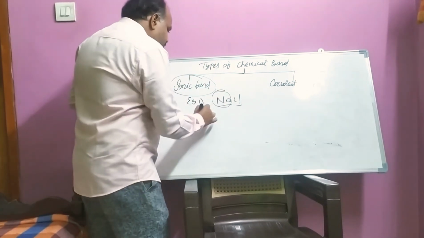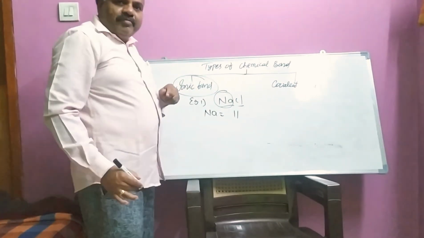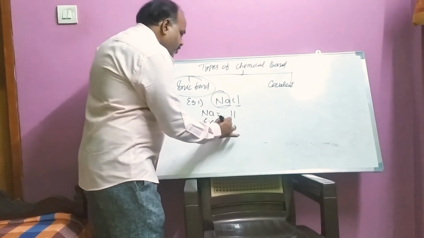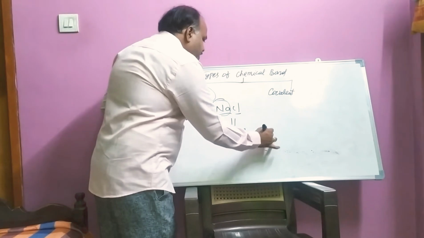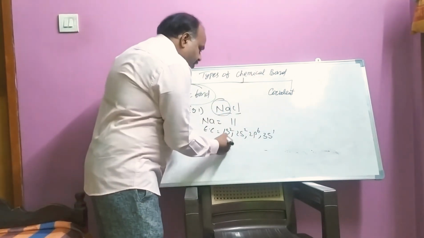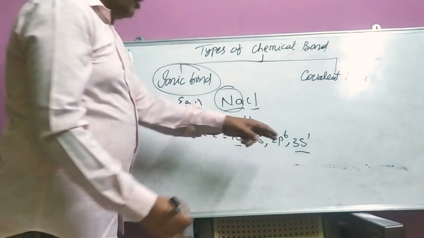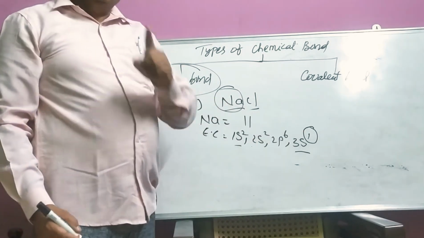Now take sodium. Sodium's atomic number is 11, and the electronic configuration is 1s2, 2s2, 2p6, 3s1. See, this is the first orbit, this is the second orbit, this is the outermost orbit. How many electrons are there in the outermost orbit of sodium? 1 electron.